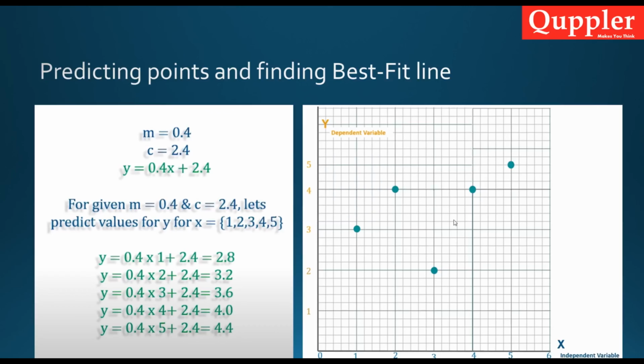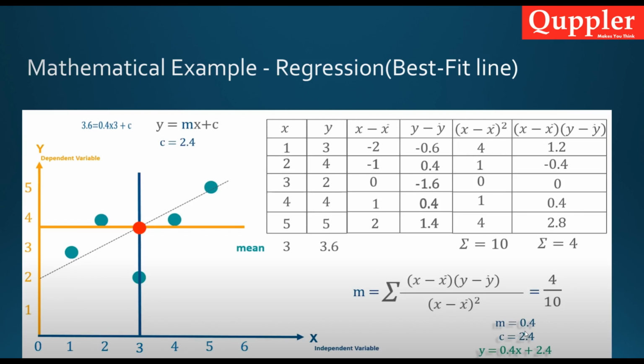Let's say for the given value the coefficient m is 0.4 and the intercept is 2.4, what we had calculated right here. Based on this we have the equation y equals mx plus c. We know the value of m, we know the value of c, which is our intercept and coefficient, and now we have all the data points available from which we had calculated.